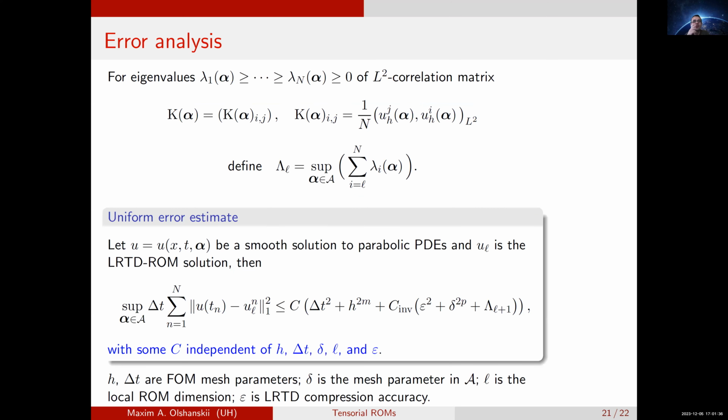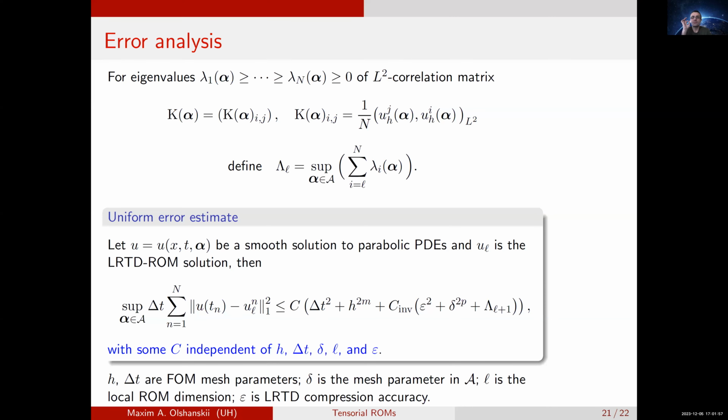But when you have this estimate, and you have the C inverse, the constant, I was wondering, maybe I'm just thinking like a POD person, but is this C inverse the inverse constant for the inverse estimate in the finite element method?